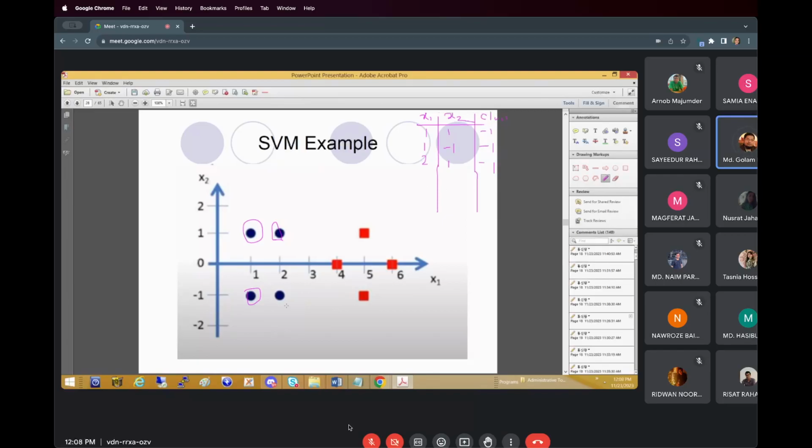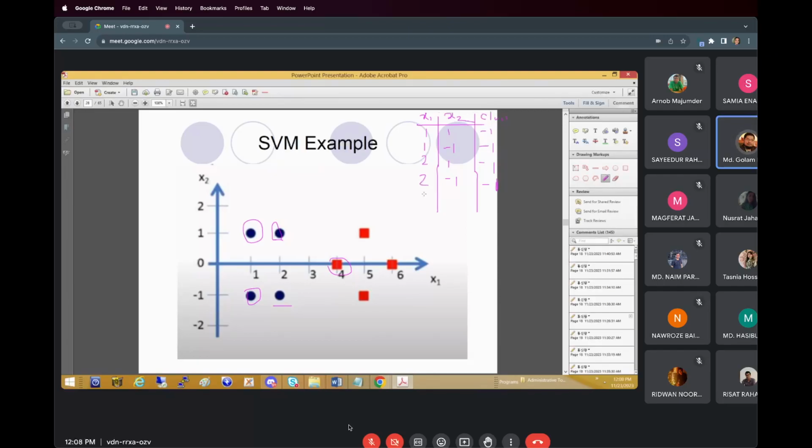And then another one, x1 equal 2 and y1 equal negative 1, and for that case, it is also negative. Okay.